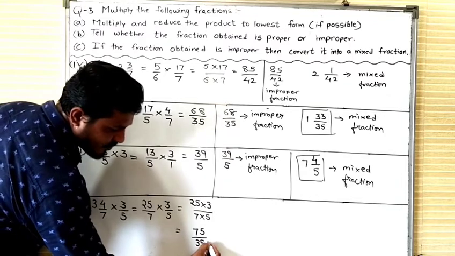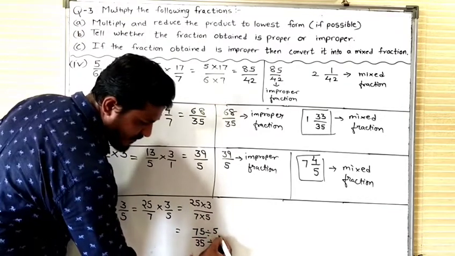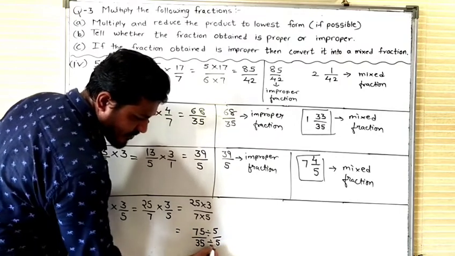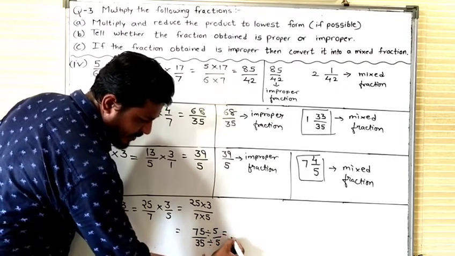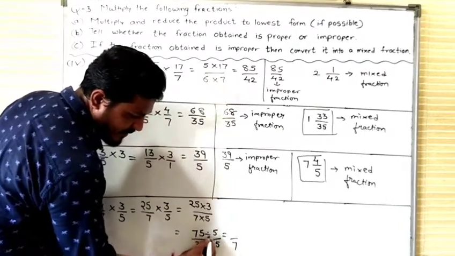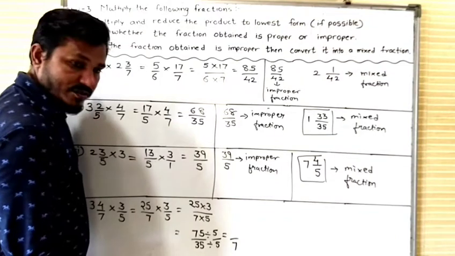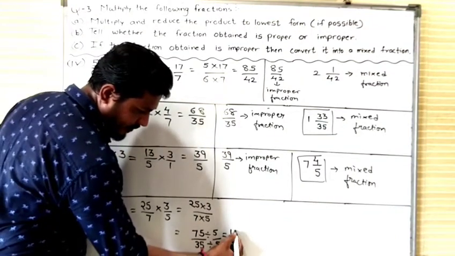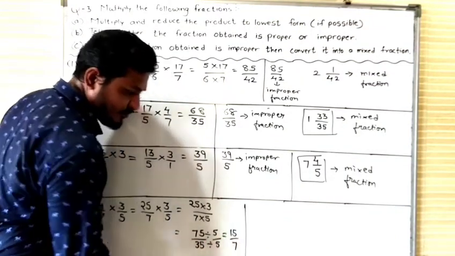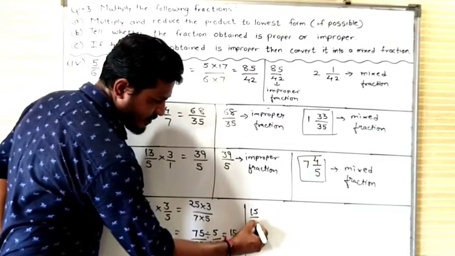Dear student, here both values, that is numerator and denominator, are divisible by 5. Just divide by 5. After dividing, 35 divided by 5 is 7 and 75 divided by 5, how much will you get? 15. Now this value is your improper fraction.